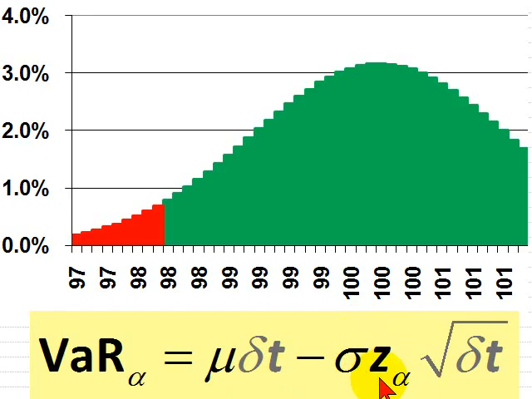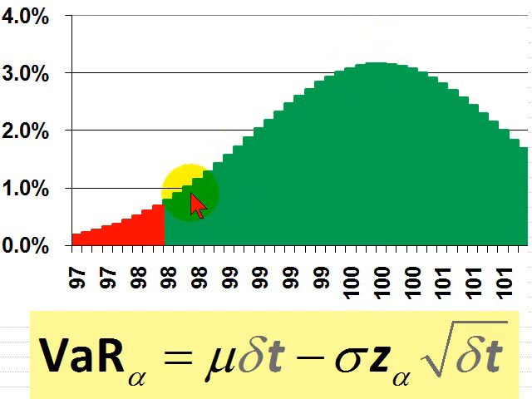So the only other thing I need for my parametric VaR is this critical value z here, which is a function of my confidence. The more confident I want to be about my potential losses, the larger this value. So for example, if I would like a 95% parametric VaR based on an assumption of normality here with mean of 10% and volatility of 20%, then under the parametric VaR approach, I'm really starting with the expected value of the portfolio, which is going to be the peak of that normal distribution, and then I'm moving to the left.